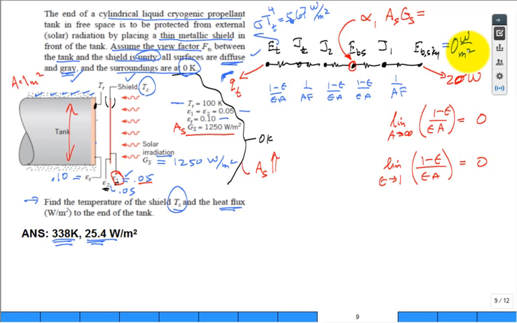So what you do is you have to write an energy balance equation. Basically, you could reduce this node right here, which is the EB of the shield, and you would have the flow coming in, which is alpha 1 area of the shield solar irradiation.